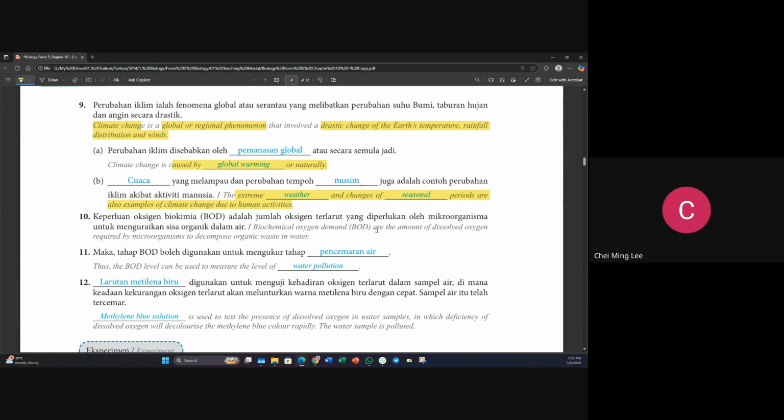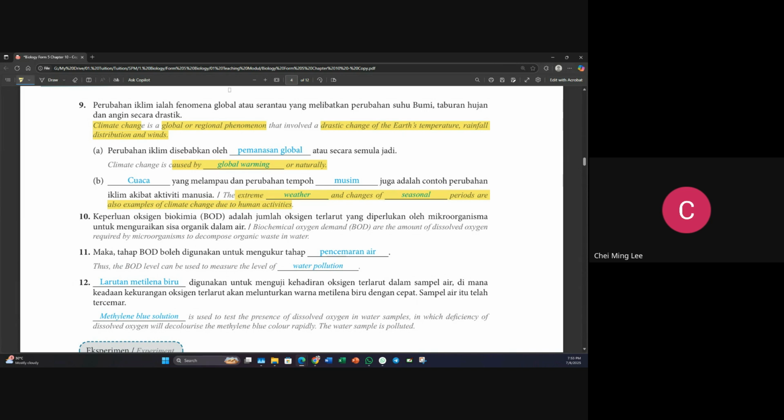For now, we should have musim kemarau, the hot season, but it has actually been raining these few days. To be frank, this is called the weather going crazy. Okay, this is climate change.